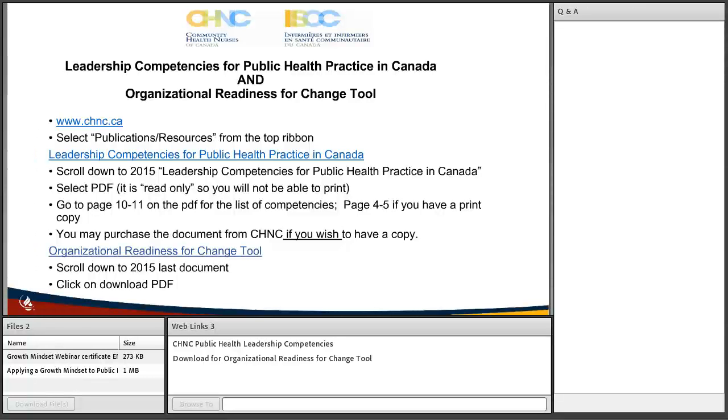It's a read-only version, but you can also access, as a downloadable PDF, the Organizational Readiness for Change tool, which is available if you choose to open it.